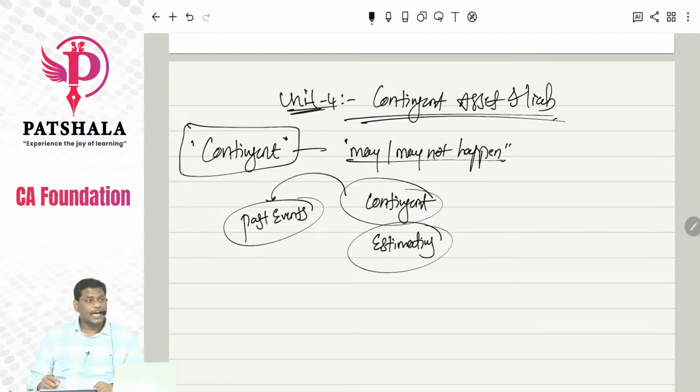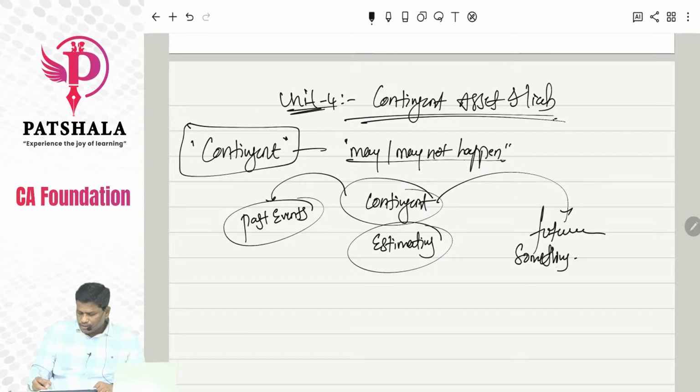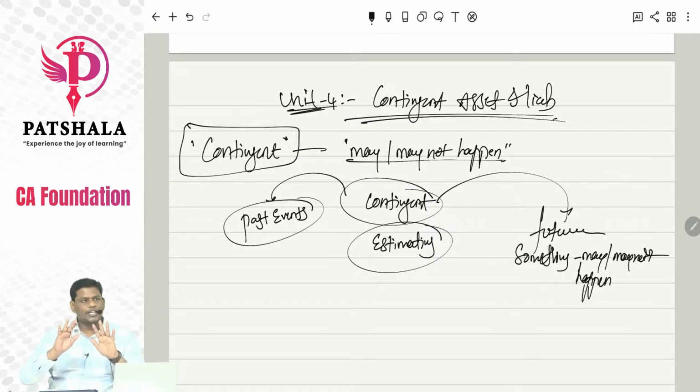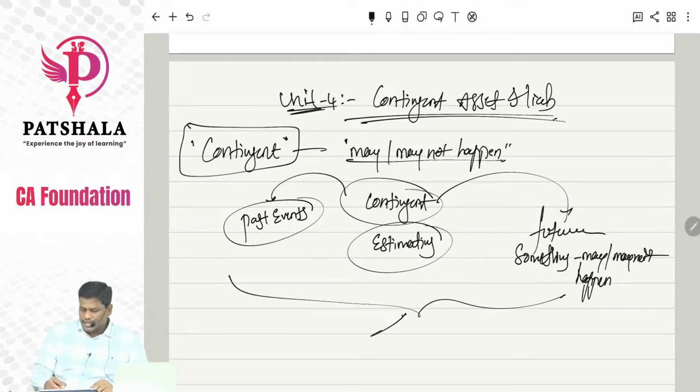Based on that, today we are estimating that in future something may or may not happen. That is called contingent.